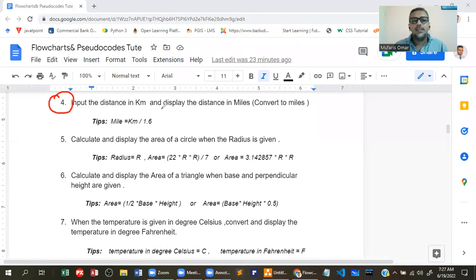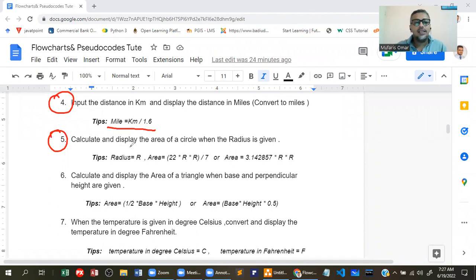Input the distance in kilometer and display the distance in miles. Convert to miles. The first one, maybe you can do it after the class. You can try this after the class. For this one, you can use this formula: mile equals kilometer divided by 1.6.